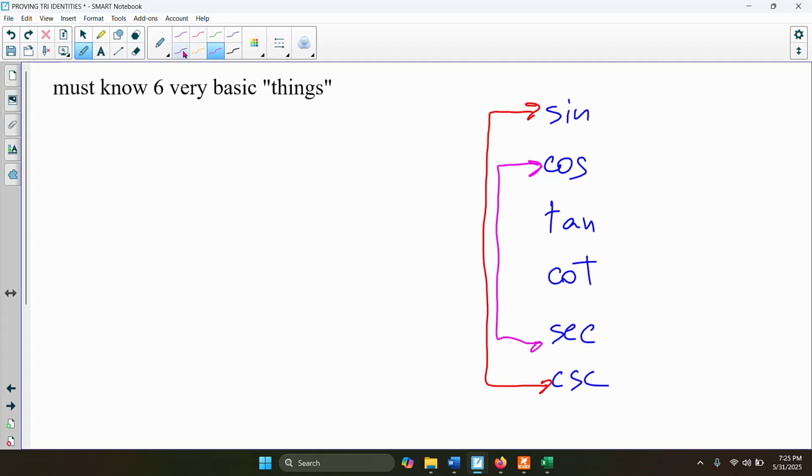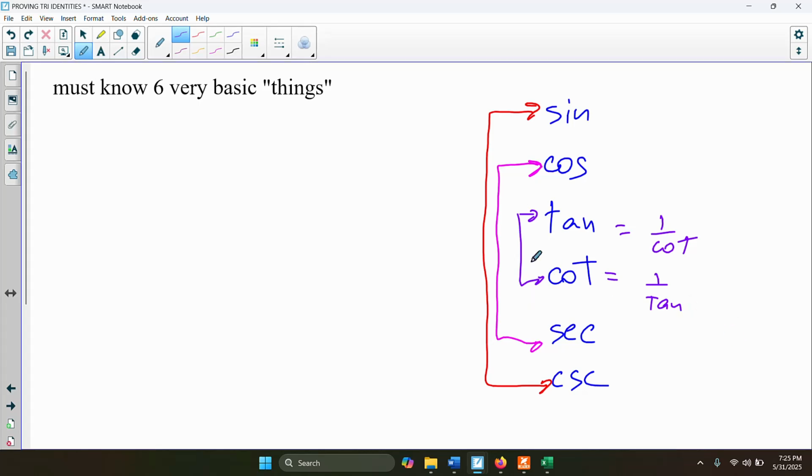They pair up in a reciprocal way. In other words, tangent is the reciprocal of cotangent and vice versa. Tangent is 1 over cotangent, and cotangent is 1 over tangent.